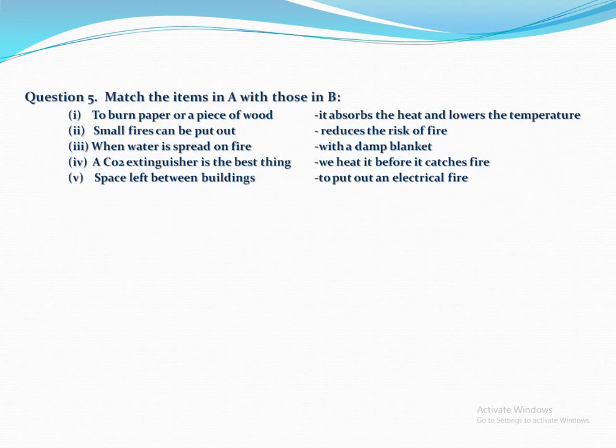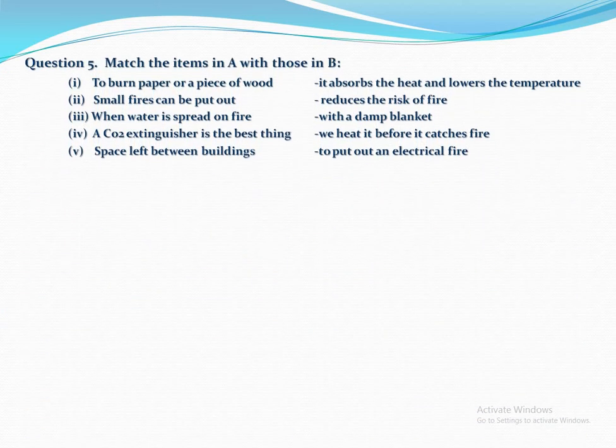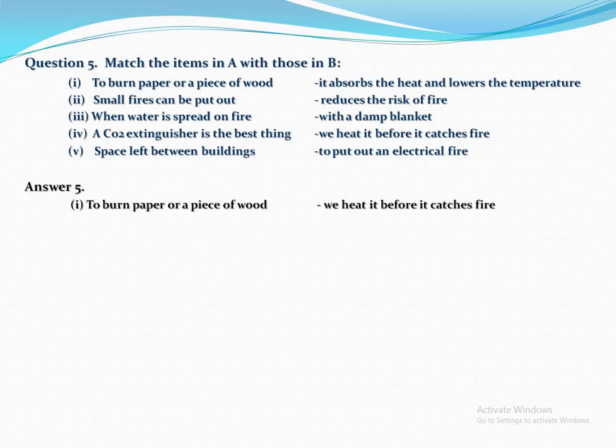Now, let's go to question number 5. Match items in A with those in B. Dear children, let's match these items. First is to burn paper or a piece of wood. It is matched with we heat it before it catches fire. Second one, small fires can be put out, is matched with a damp blanket.